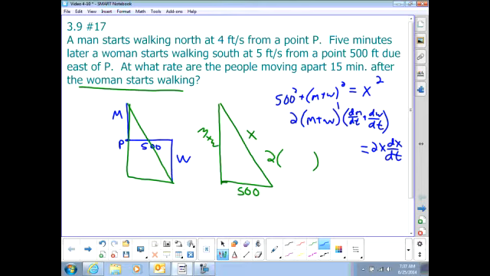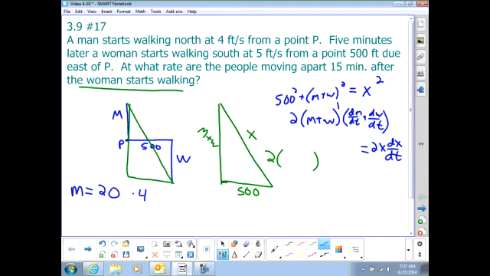So let's start with the man. We'll start down here. The man was walking for 20 minutes, because we want to find 15 minutes after the woman started walking, so that means the man was going for 20 minutes. They were going 4 feet per second. Well, we don't want feet per second.